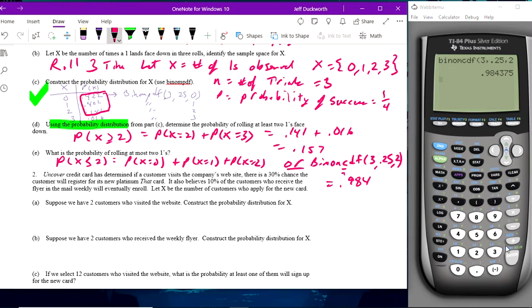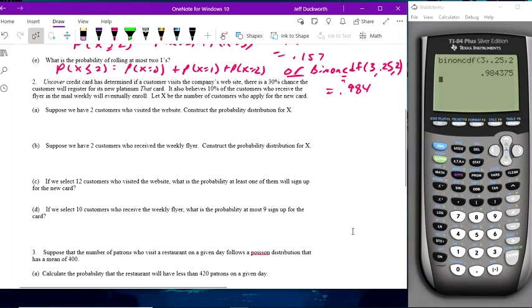All right, number 2. Uncover Credit Card has determined if a customer visits the company's website that there's a 30% chance the customer will register for a new Platinum VAT card. It also believes 10% of its customers who receive the flyer in the mail will eventually enroll. We want X to be the number of customers who apply for a new card.